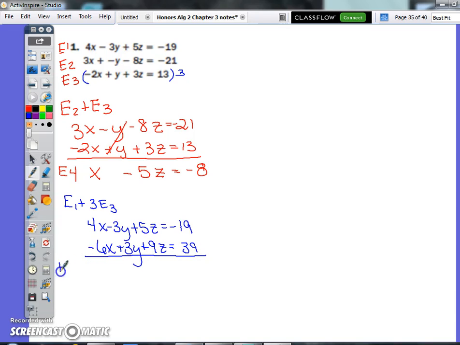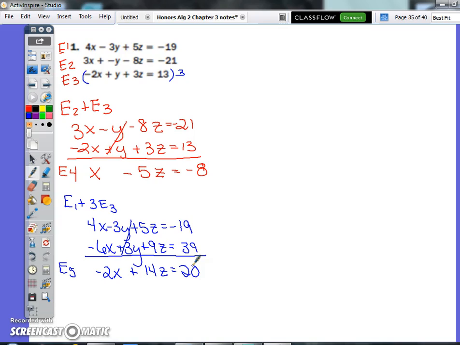This will give me my equation 5. So negative 2x, the y's cancel, plus 14z equals 20. Not so bad. If you look at equation 4 and equation 5, you're going to love how those x's are lining up so much more than the z's.